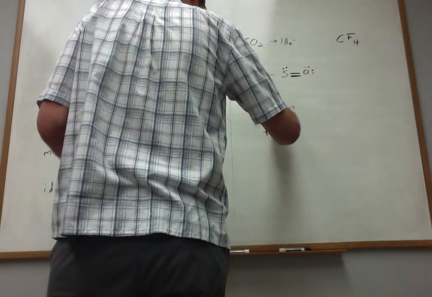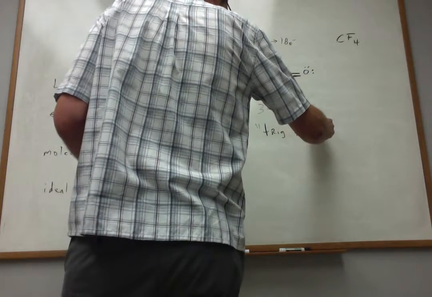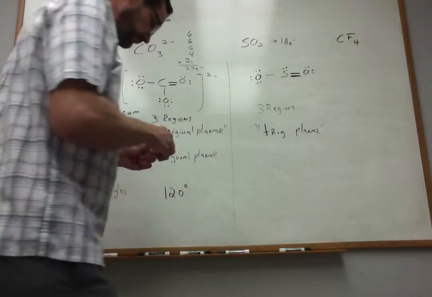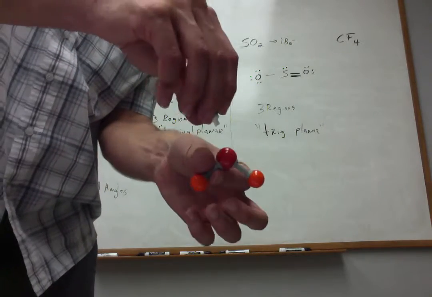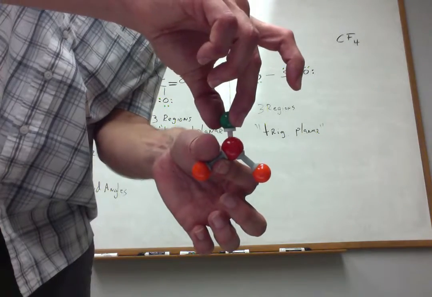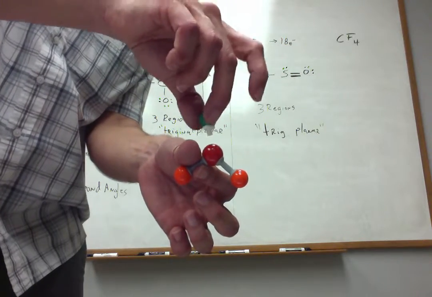So I've still got trigonal planar electron group geometry. That's considering the placement of my electron pairs, right? Still triangle on a plane. But this is my lone pair, right?